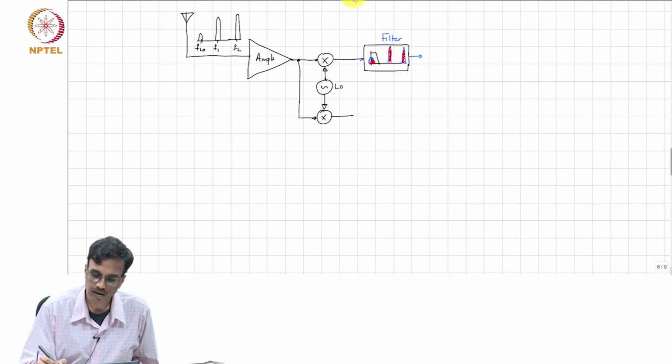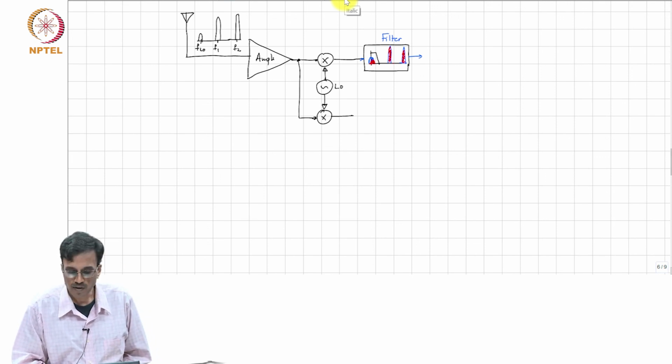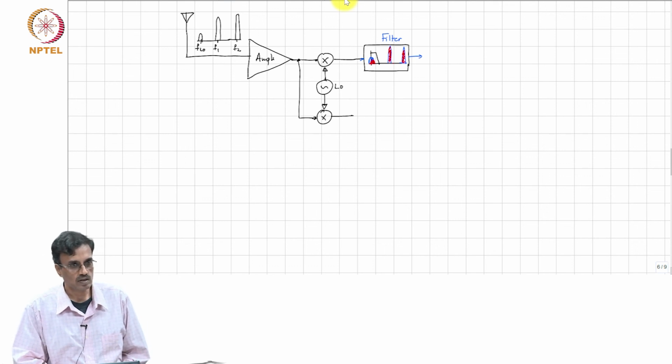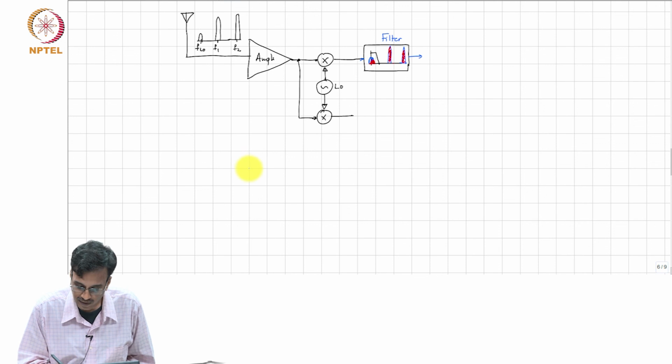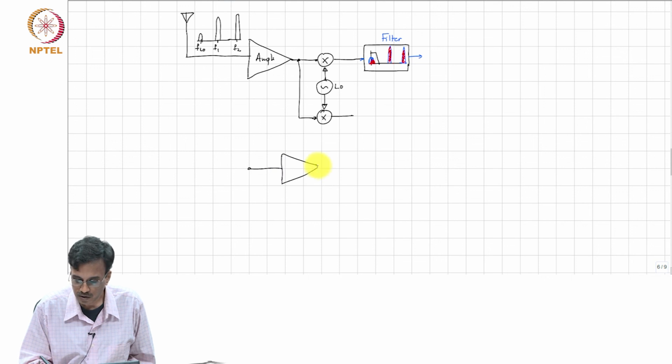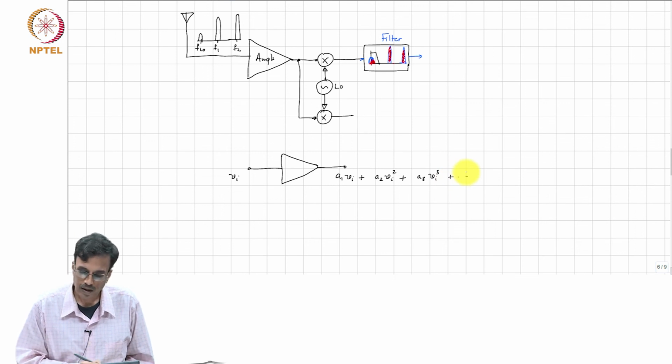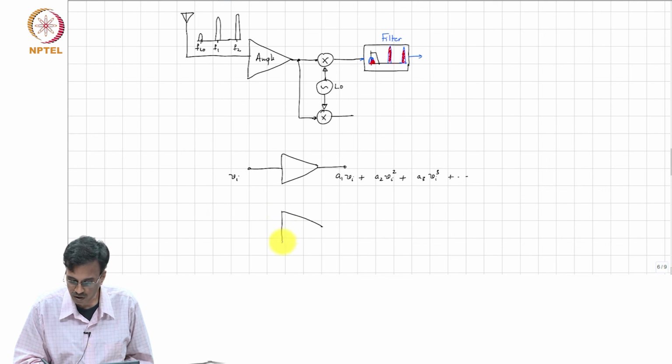Fortunately, in most electronic systems today, there is a fairly straightforward way of eliminating or reducing second order distortion significantly, and that is through the following, within quotes, trick, if you will. Let us say you have an amplifier with A1 Vi plus A2 Vi squared plus A3 Vi cubed and so on. The higher order terms are usually negligible in the region of interest.